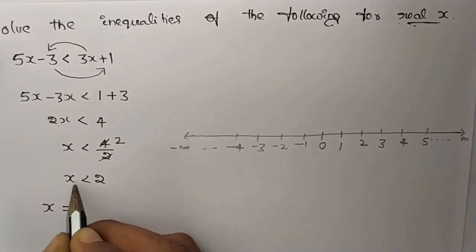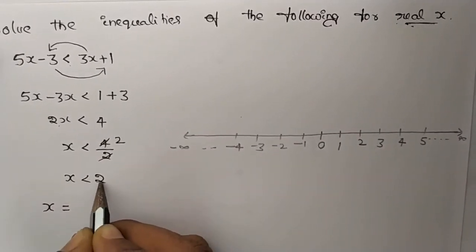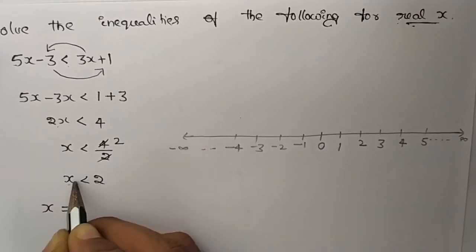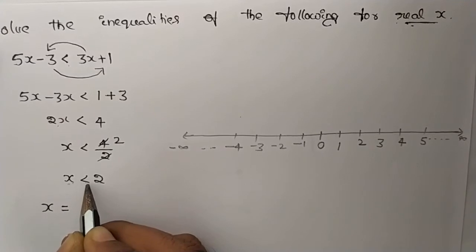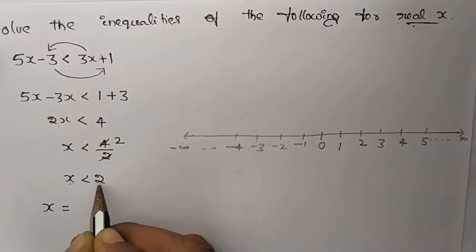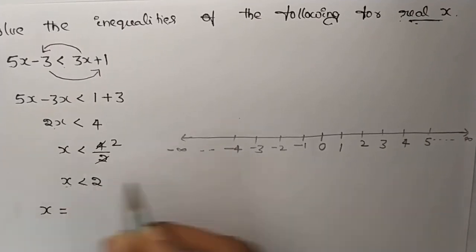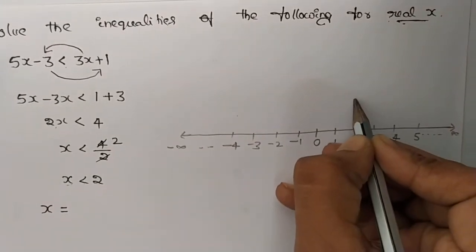You just observe, x is less than 2. x is less than 2 is nothing but 2 is more than x. Where will 2 come? Here it is, the 2.